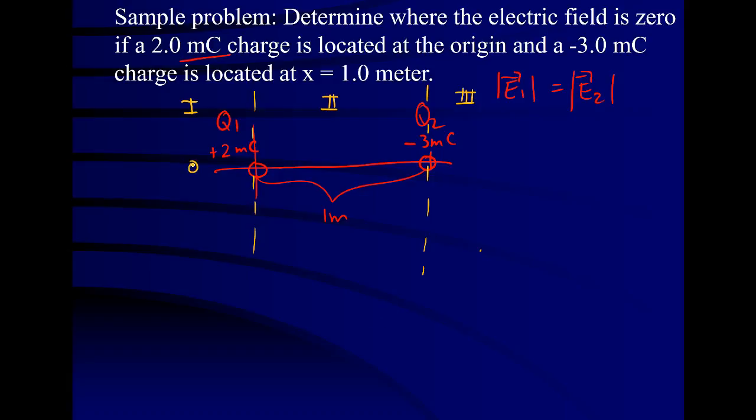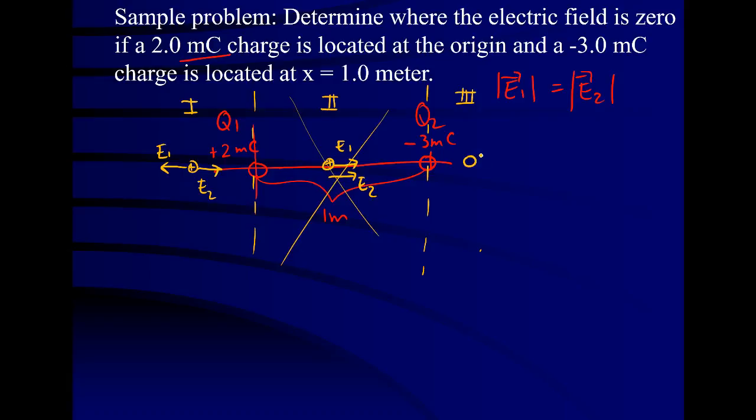Then we think about what would happen to a positive test charge if we put it in that region. In region 1, a positive test charge would be repelled from the 2 millicoulomb charge, that would be E1, and attracted to Q2. So it could possibly be region 1. In region 2, a positive charge will be repelled from charge 1 and attracted to charge 2, so region 2 is not going to work.